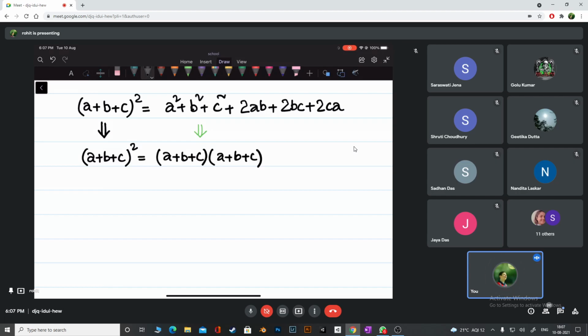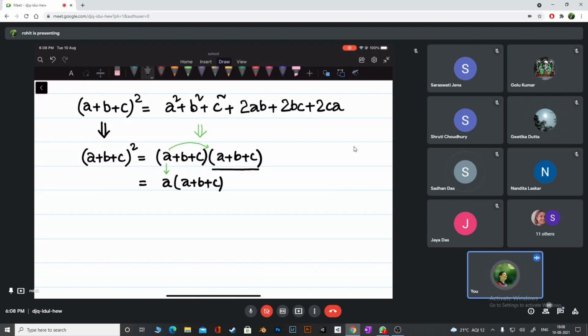First I'll take A and multiply A with everything inside the second bracket: A plus B plus C. Are you clear with the first step? Yes, sir. So first we are multiplying A with everything.